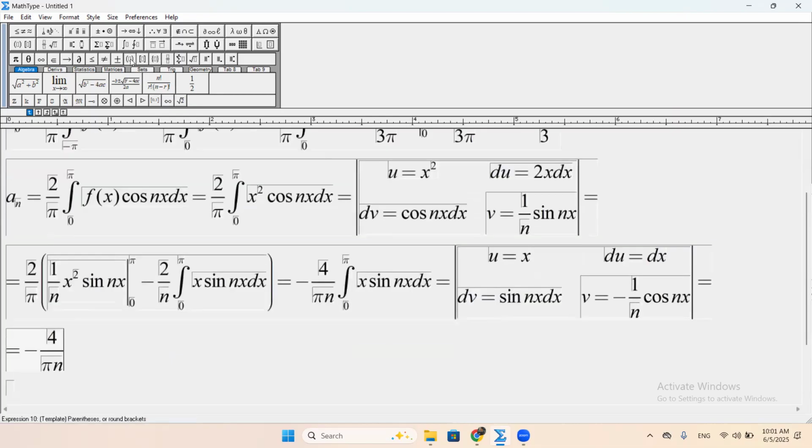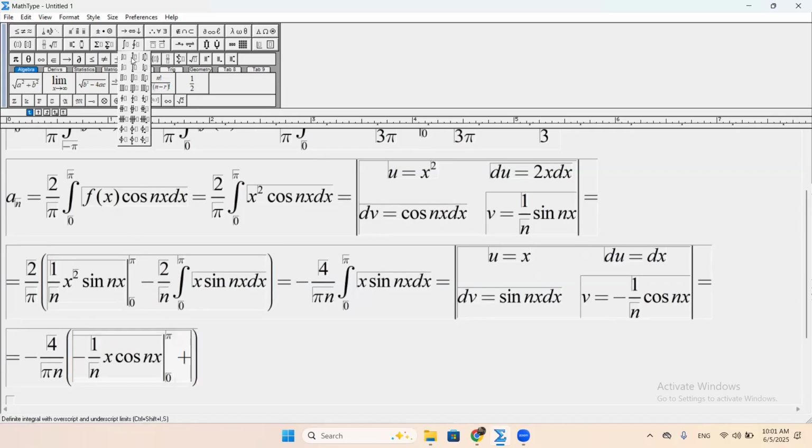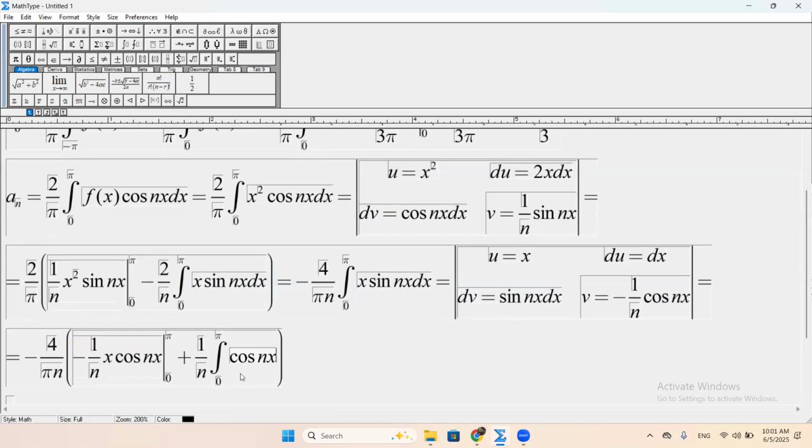So receiving the following expression: first of all, u and v with the substitutions from 0 to p, plus 1 over n integral from 0 to p of cosine of nx dx.